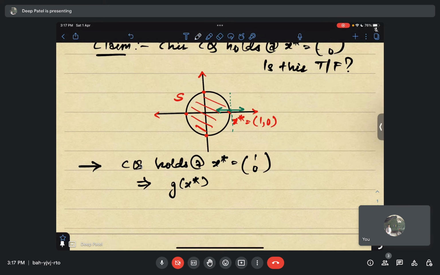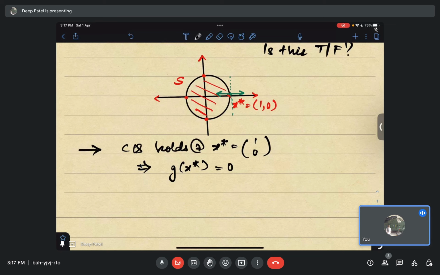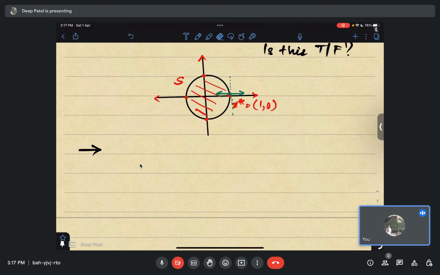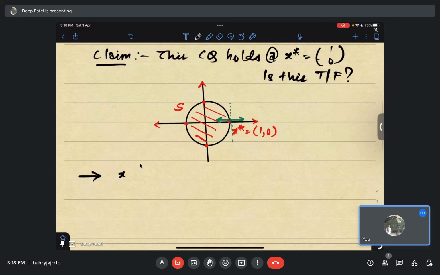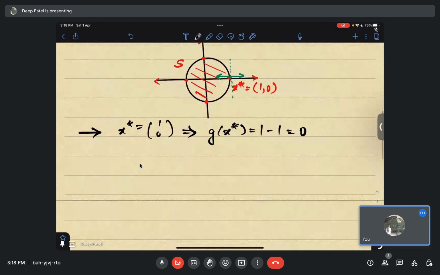What I'll do is go the other way around: I will see whether it satisfies the properties or not. That's something that I have to prove anyway, so I have to check. So x star is 1, 0. This implies g of x star equals 1 minus 1 equals 0.